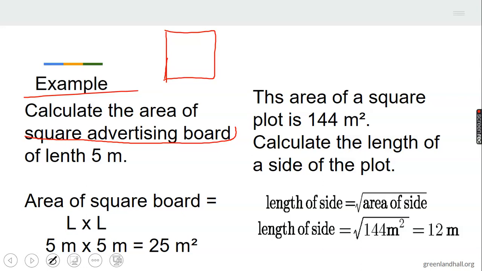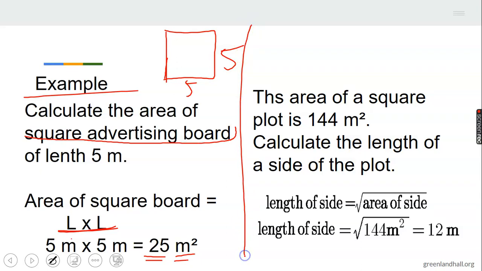Since we know that our area equals length times length, and what is the length? 5 meters. Now, area equals length times length. That is 5 meters times 5 meters. 5 times 5, you have 25. M times M will give you M square. Now, our answer is 25 meters square.